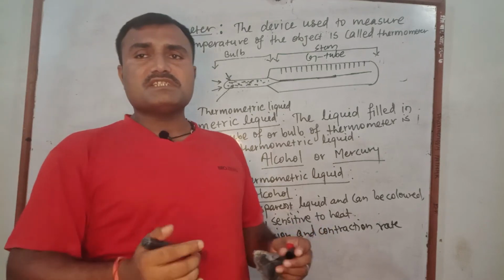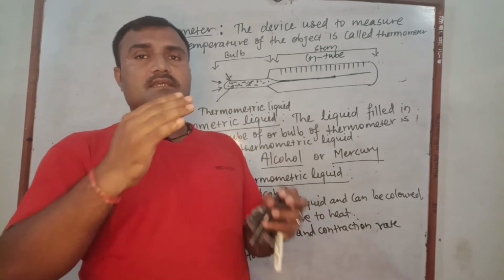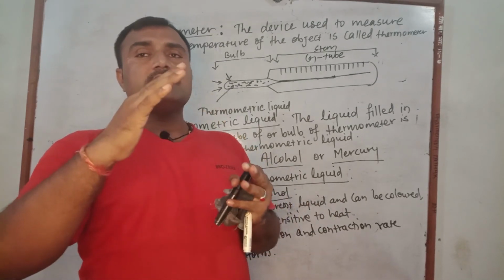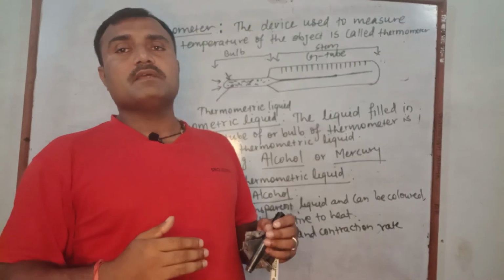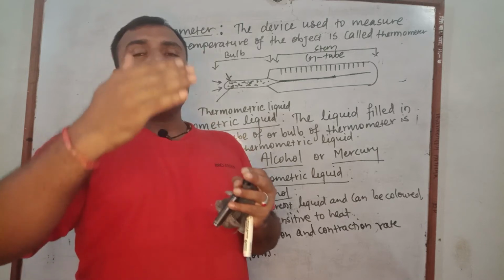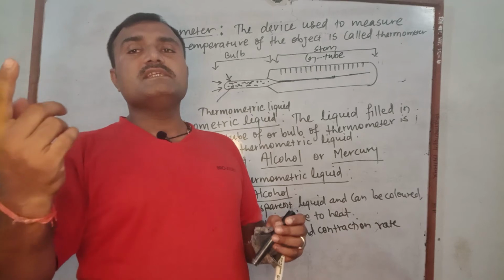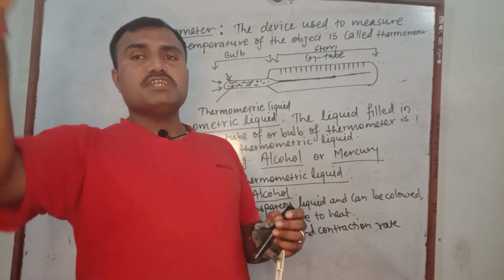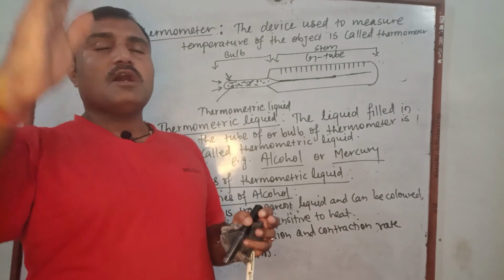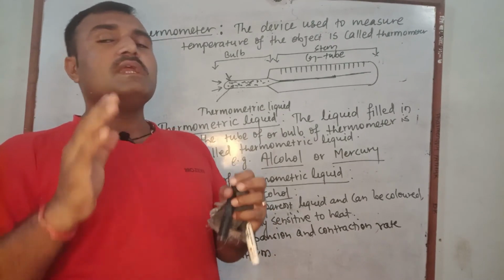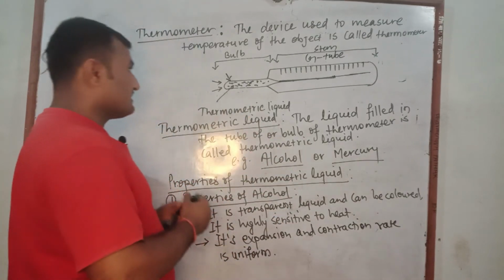The same change in volume takes place for a certain degree of increase or decrease of temperature. If the volume of alcohol increases by increasing 1 degree Celsius, then the same volume change takes place, or decreases, when the temperature of alcohol decreases by 1 degree Celsius.